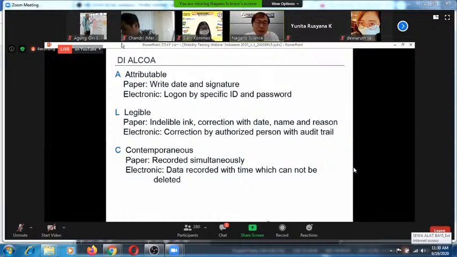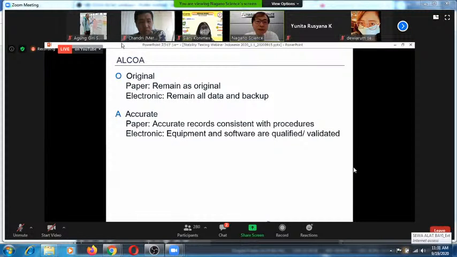C is contemporaneous. For paper, it's recorded simultaneously. And for electronic, data is recorded with time and cannot be deleted. O is original. For paper, the original remains as the original. For electronic, all data and backups remain. And the last one is A, accurate.